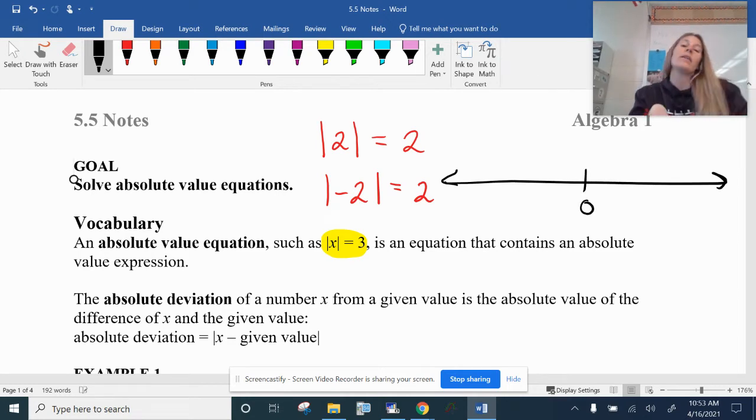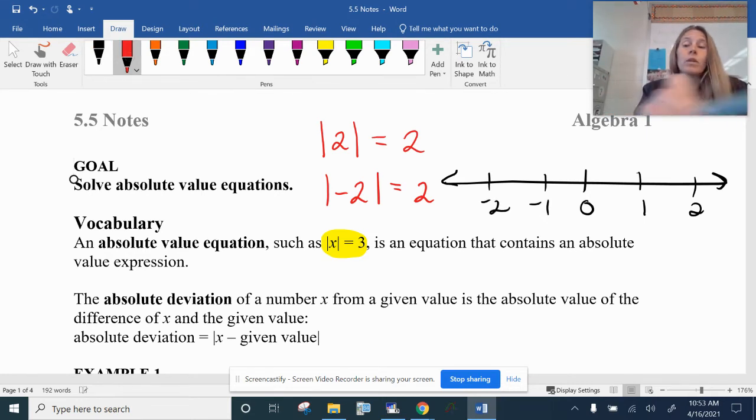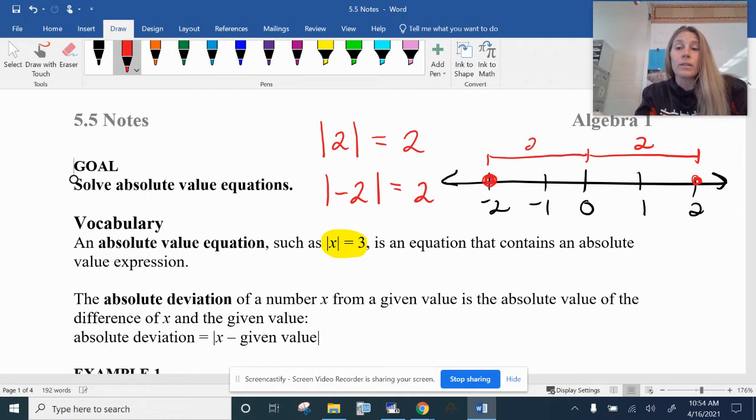Well, because anything in the absolute value bars, we're referring to the distance from 0. So if you're looking at a number line, for example, the number 2 is a distance of 2 away from 0, and the number negative 2 is also a distance of 2 away from 0.